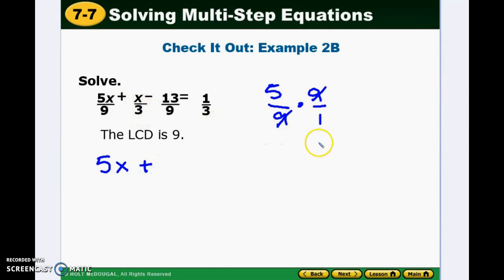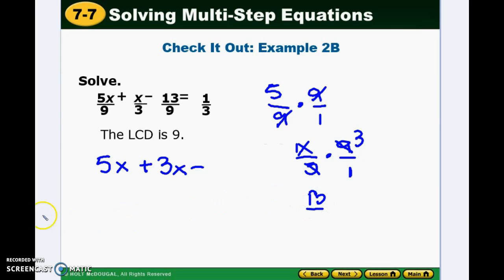plus, and then we have x over 3. In that case, it's really 1/3 times 9 over 1. 3 going into 9 3 times. So here we're left with 3x minus, and then we have 13 ninths. Okay, let me erase this. 13 ninths, again, times 9 over 1.